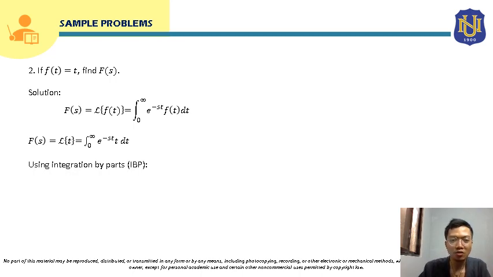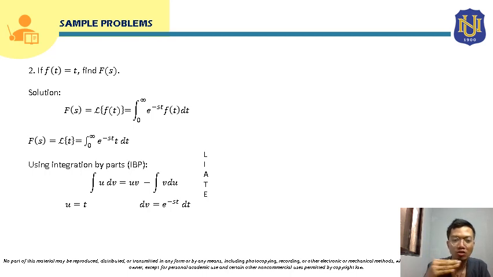Okay, so using integration by parts to solve this integration, again, we will assign u and dv here. What we're going to assign to variable u is the function that comes first in LIATE. This is a combination of exponential, e raised to negative st, and algebraic, the variable t.